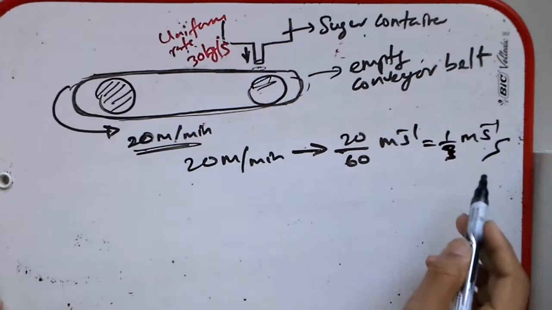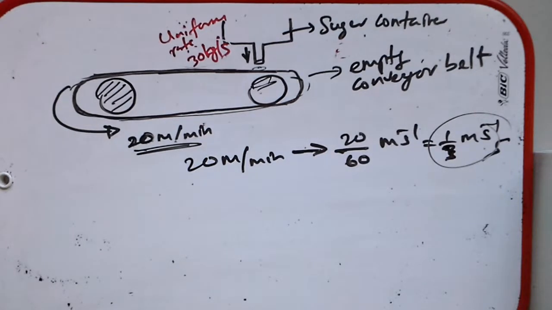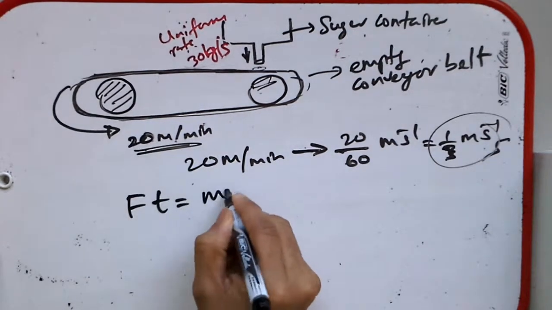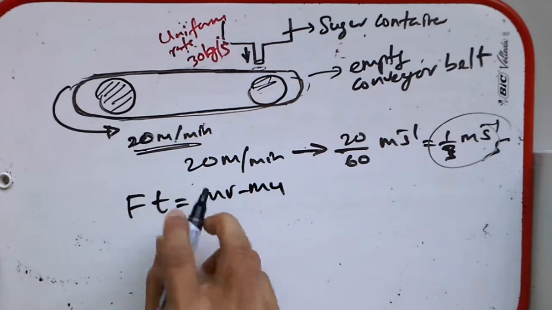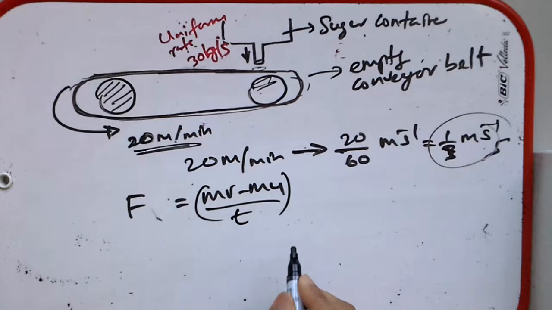This is the speed of the belt in our SI unit. So we know Ft equals mv minus mu, the change in momentum. We studied this. So I can write down the force is actually (mv minus mu) by t.